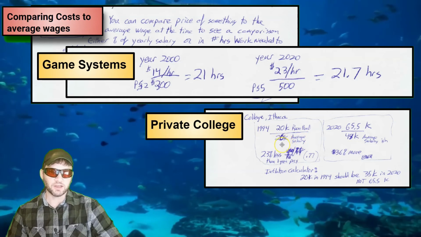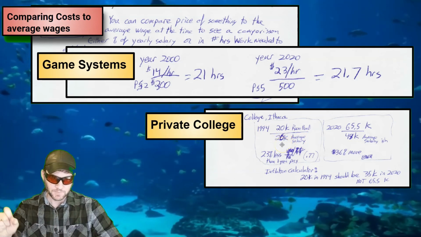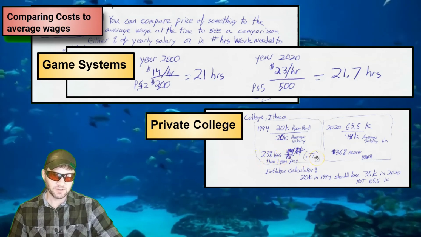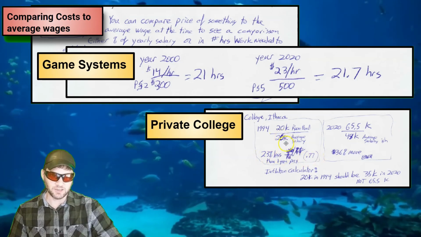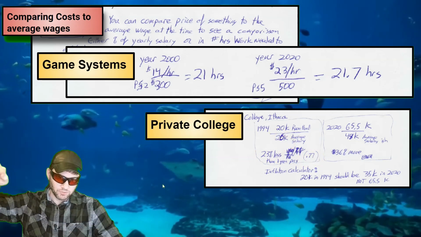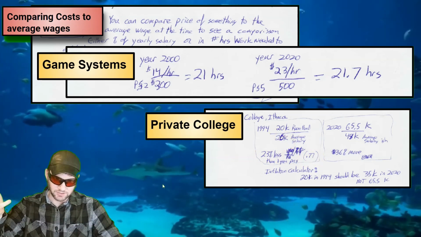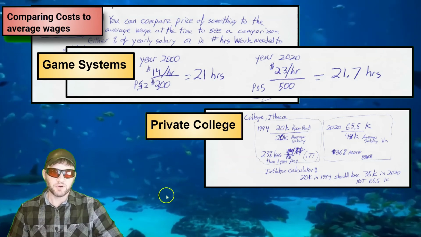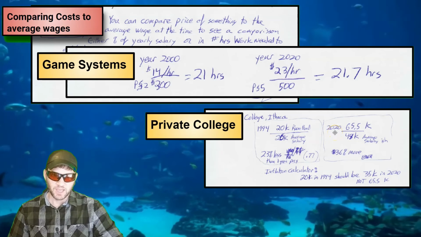So going to college for 1 year was 23% less, 0.77 times an average salary. If college rose at the same rate of everything else, we would expect it to be less than a year's average salary.